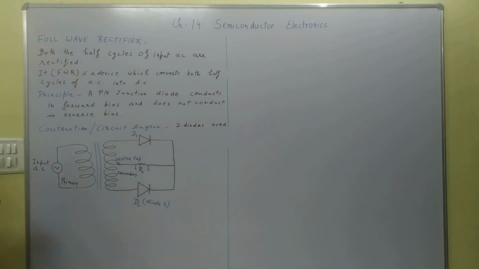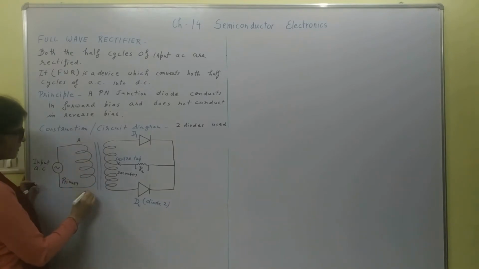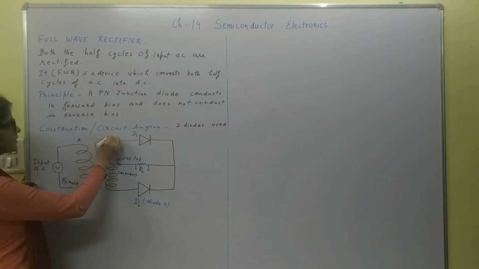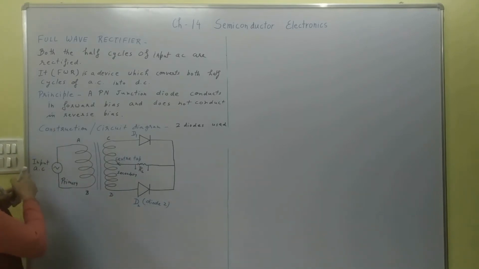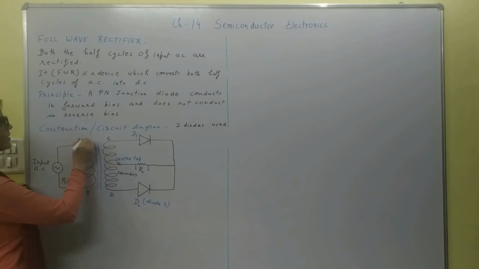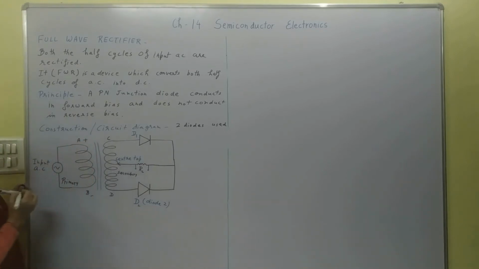So what happens is, during the first half cycle, if I mark these ends as A, B, C, D, when in the positive half cycle A is positive, B will be negative at that time.